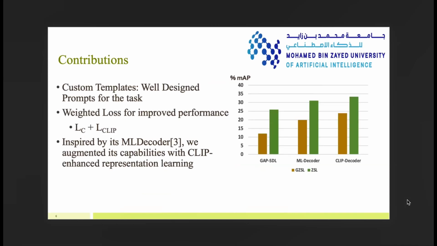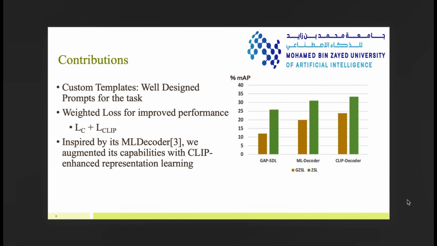These are our contributions. As I have already discussed, we defined custom templates and a weighted loss, in which we also defined the clip loss, a combination of the clip loss and the cross entropy loss, which also helps us improve the performance.